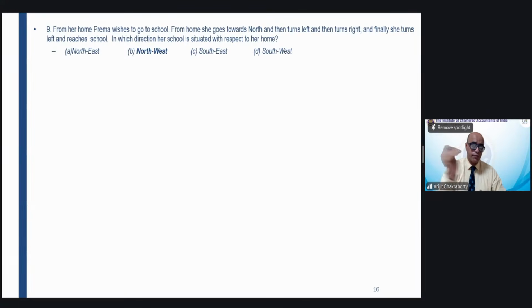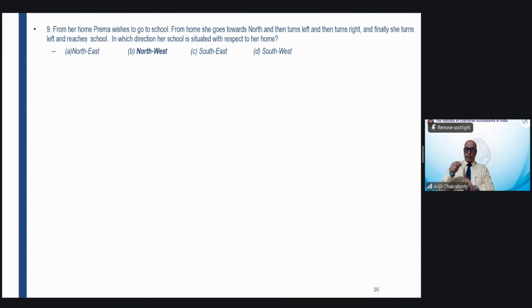North and then left means the west direction, and then right. Okay, again towards north, and finally she turns left and reaches school. In which direction is her school situated with respect to her home? So if you see this problem, question number 9 from the exercise, she is moving north, then west, again north, then west.